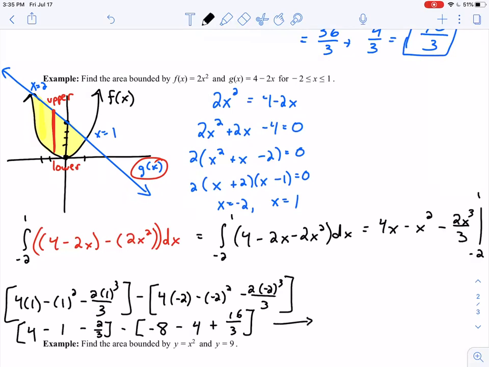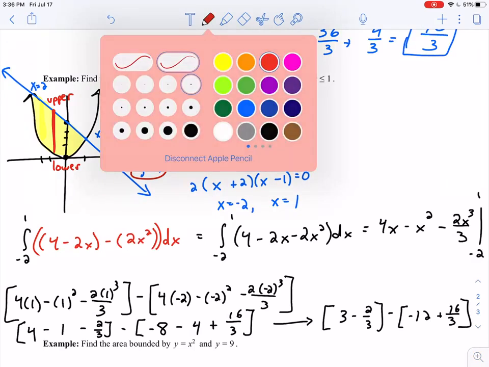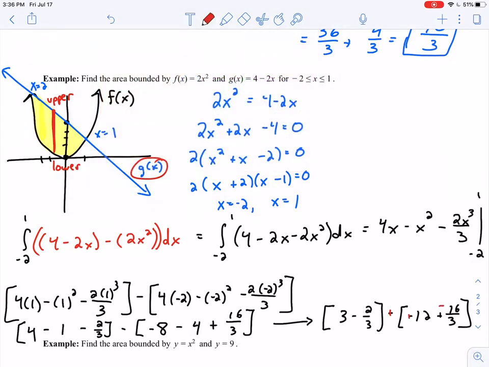So let's see. I'm going to simplify this a little bit at a time here. 4 minus 1, this is 3 minus 2/3. Minus over here, this is -12 plus 16 over 3. I'm just going to go ahead and distribute that minus sign through right now.